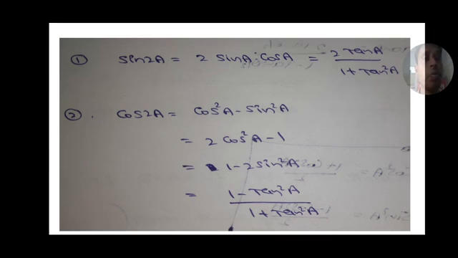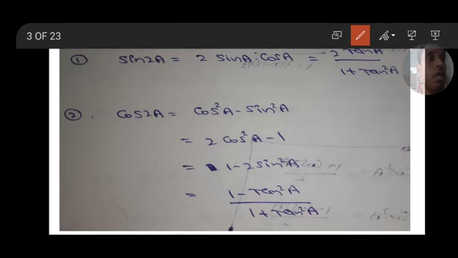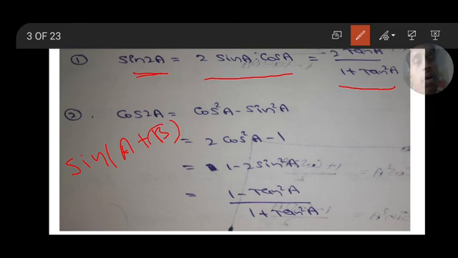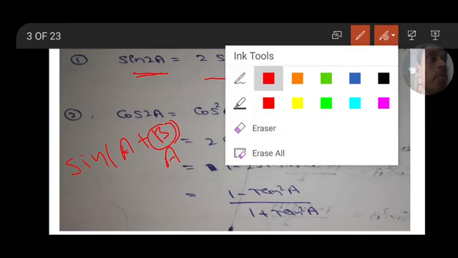Sin 2A equals 2 sin A into cos A, which can also be written in terms of tan as 2 tan A by 1 plus tan square A. Two formulas: 2 sin A cos A, or 2 tan A by 1 plus tan square A. How did this formula come? In the sin of A plus B formula, substitute B equal to A, we get sin 2A, and on simplifying we get the answer.